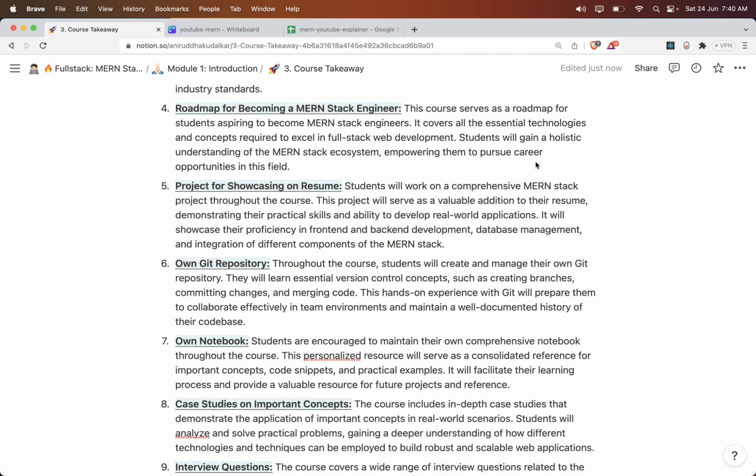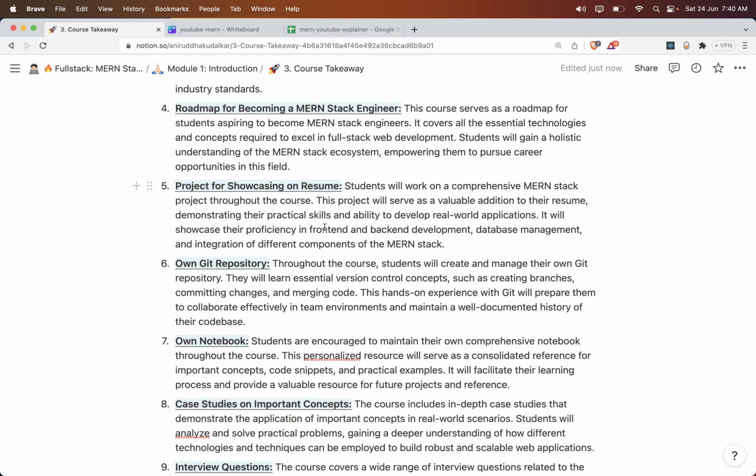So if you follow the modules inside the course, if you follow the technologies inside the course, I guarantee you become a very good full stack engineer. A clear road is given to you.